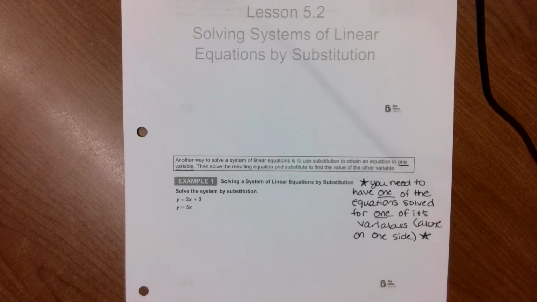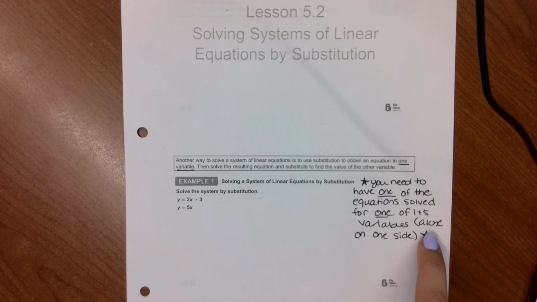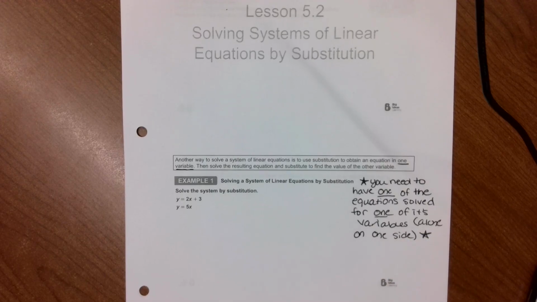What that means is that the equation has whatever variable you chose alone on one side of the equal sign. That's the first step. You want to take one of the equations and make it so that it is in the form plain old y equals blah, blah, blah, or plain old x equals blah, blah, blah.